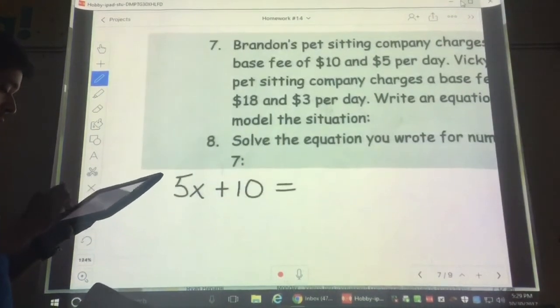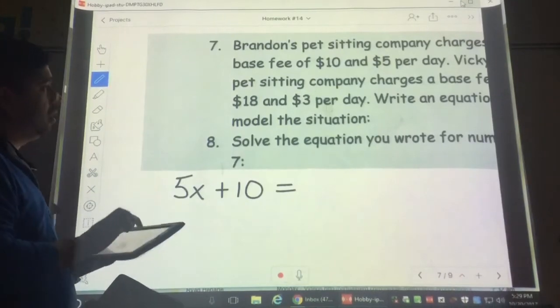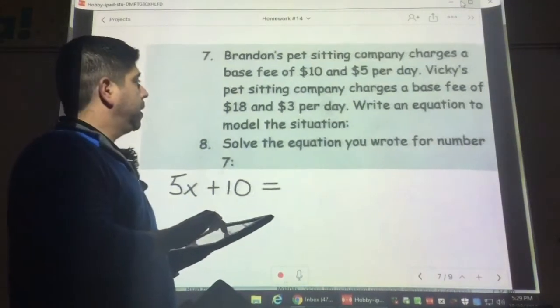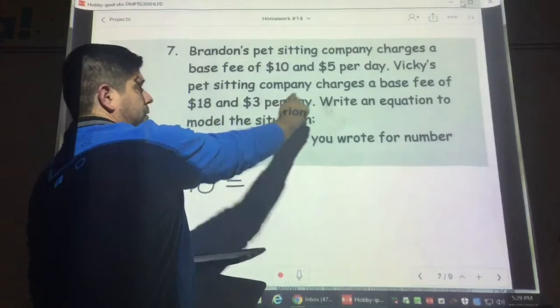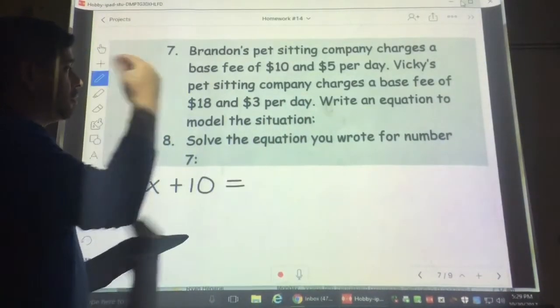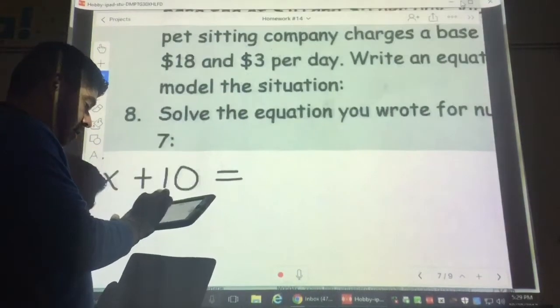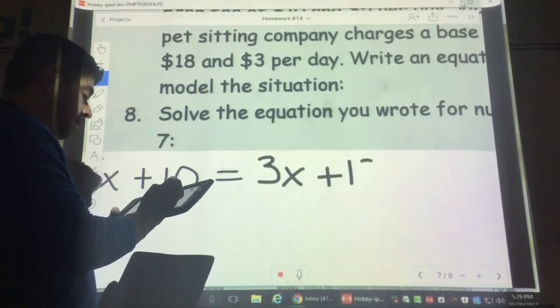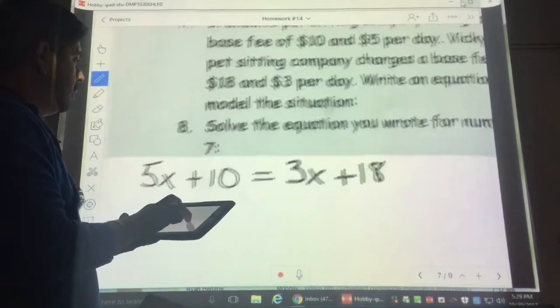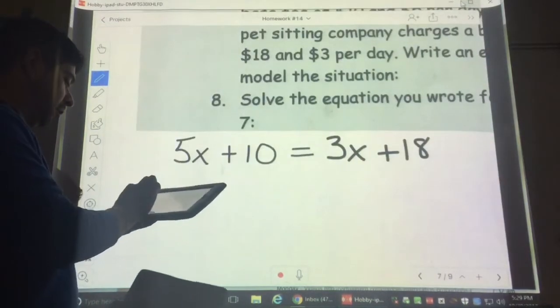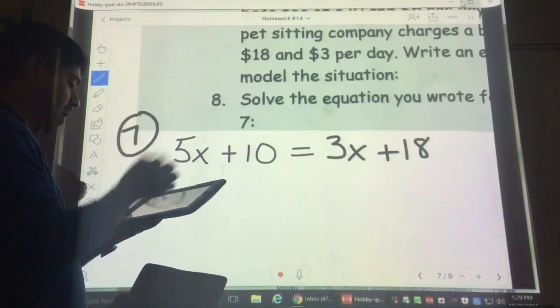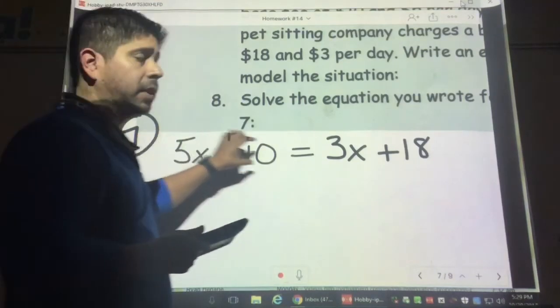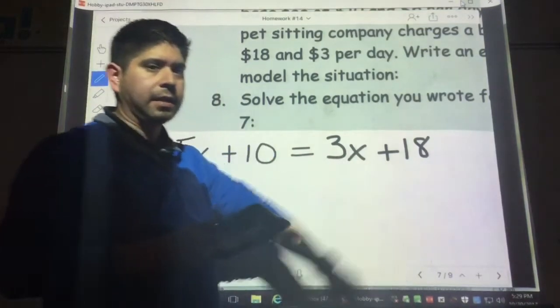And then for Vicky, she has a base fee of $18 and then $3 per day. So that's 3x and then plus 18. So the answer to number 7 is this right here: 5x plus 10 equals 3x plus 18.